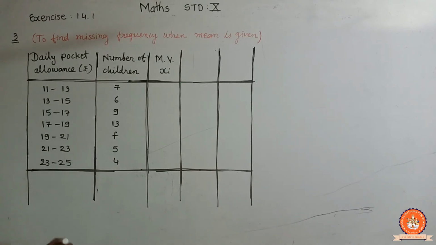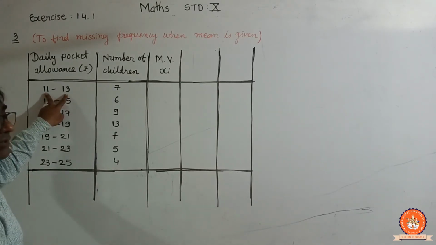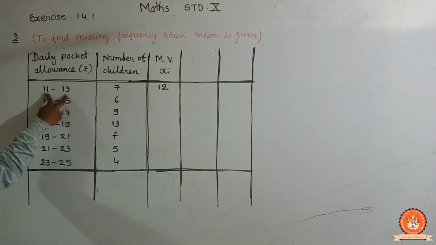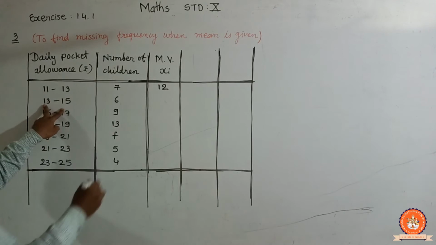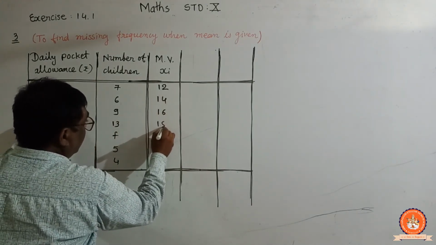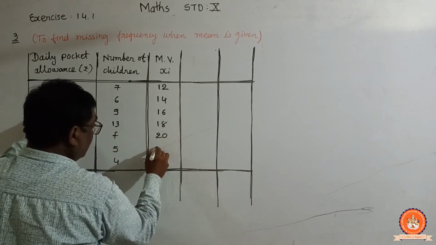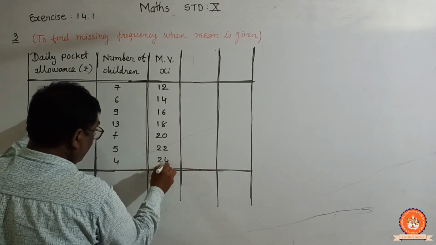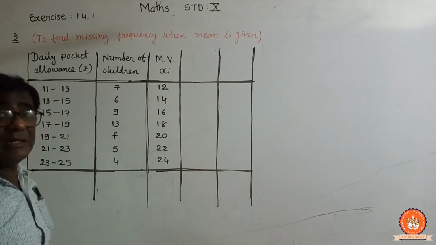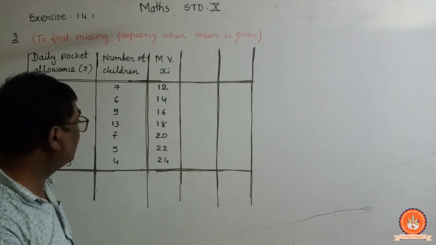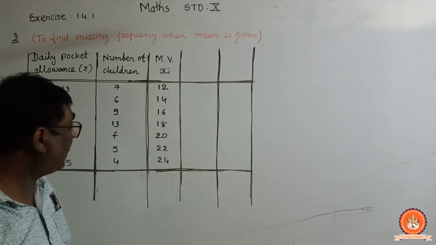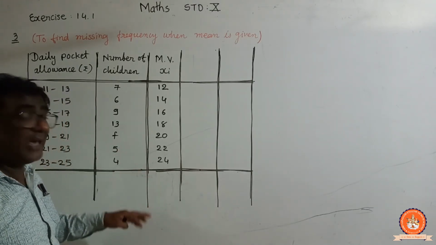ओके, सो मीन वैल्यू as it is: 11 plus 13 is equal to 24 by 2 is 12, and it is obvious that 12 is between 11 and 13. Now you can see it's 14 here, 16, 18, 20, 22 and 24. Okay. Now here is one thing to keep in mind: which observation will be A?